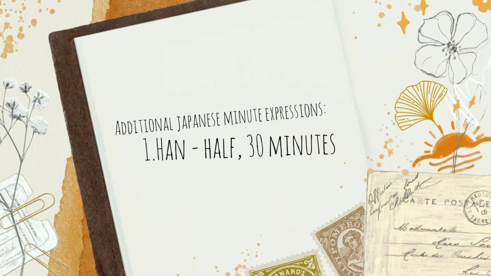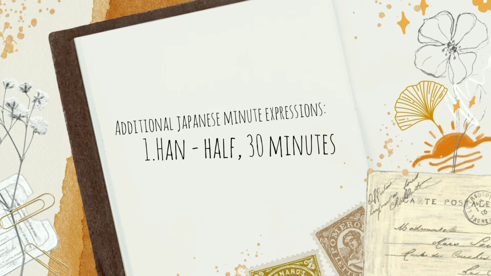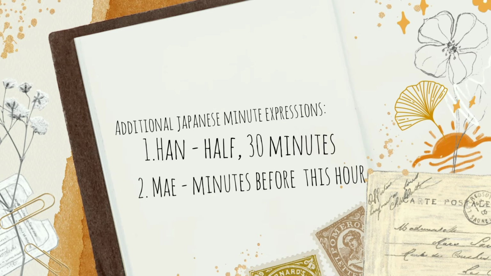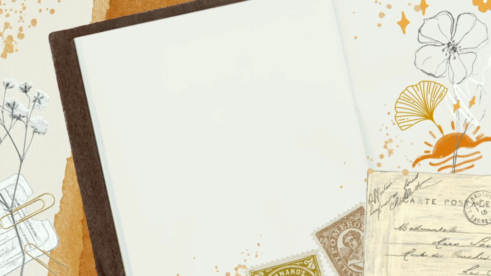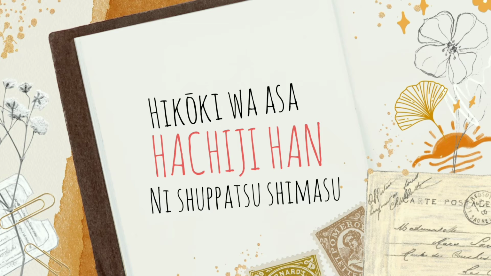5 past 6 or 6:05 is rokuji go fun in Japanese. 10 to 7 is shichiji juppun mae in Japanese, which literally means 10 minutes before 7 o'clock. The example for this is Hikouki wa asa hachiji han ni shuppatsu shimasu.